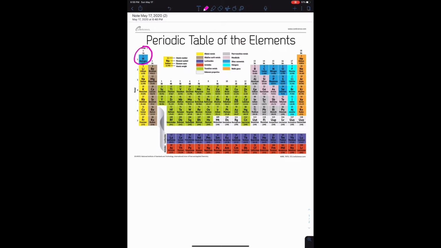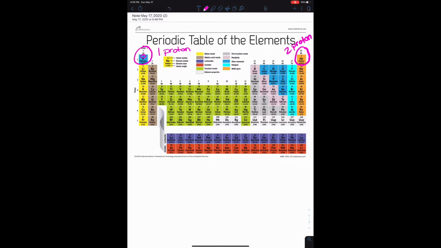It has this atomic number of 1, which indicates that it has 1 proton. Okay? These are all ordered in the number of protons they have. So here's helium. Helium is the gas that you put inside of a balloon to make it rise. And helium has 2 protons. Okay?